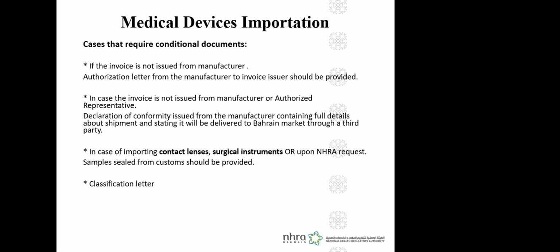The declaration letter should contain the full details of the shipment. For example, the seller and the invoice number, the items in the invoice, and also the quantity of the shipment, and a clear description that the shipment will be distributed in Bahrain.